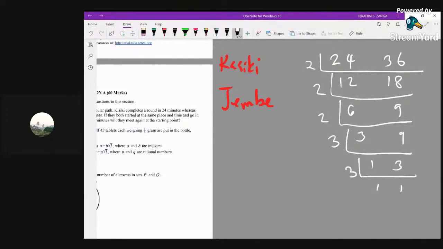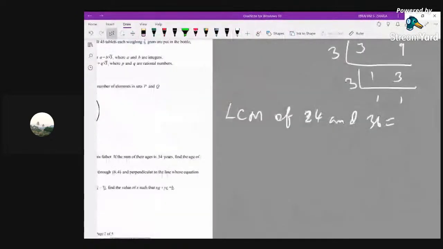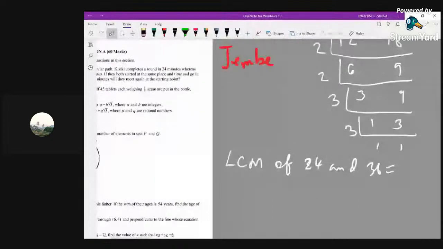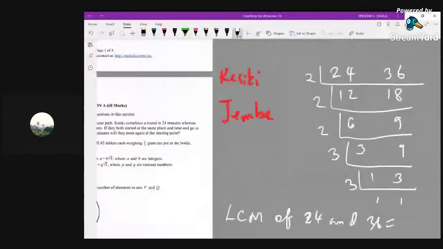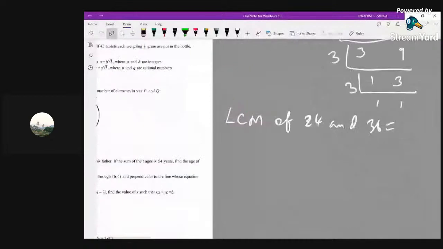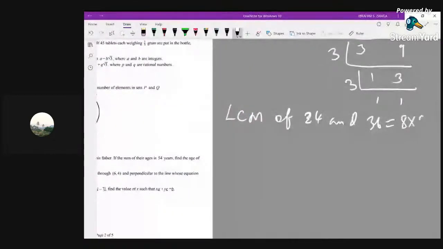So the LCM, the lowest common multiple of 24 and 36, is equal to 2 times 2 times 2, which is 8, times 9. 8 times 9 equals 72.